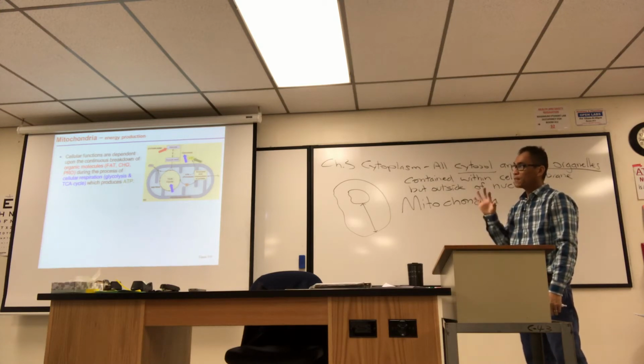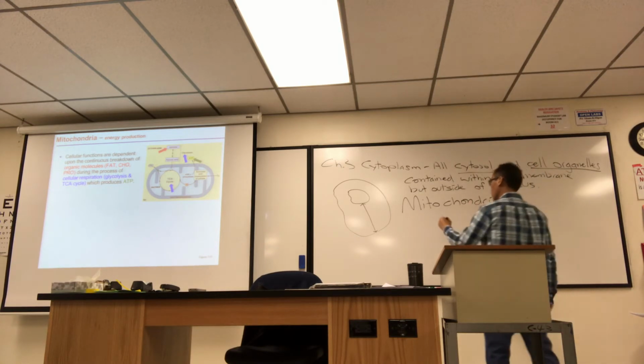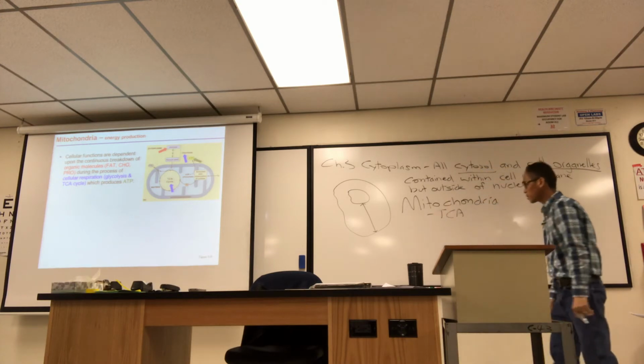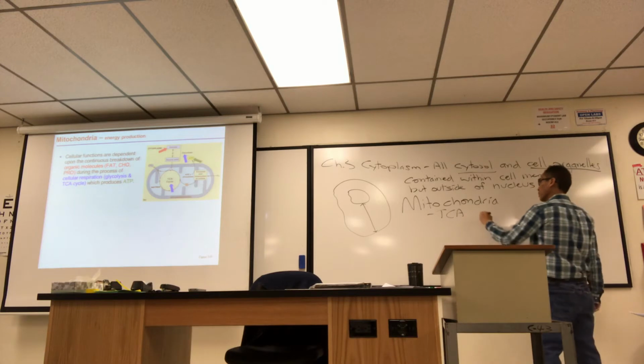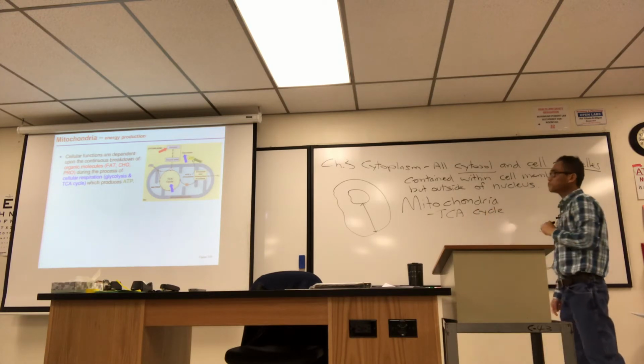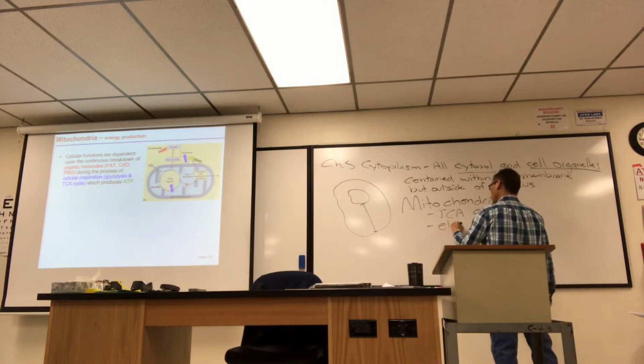The events that occur in the mitochondria, it's not glycolysis, it's the aerobic metabolism stuff, which would include, go back and look at your notes, TCA, tricarboxylic acid cycle. It accomplishes that, as well as the electron transport chain.